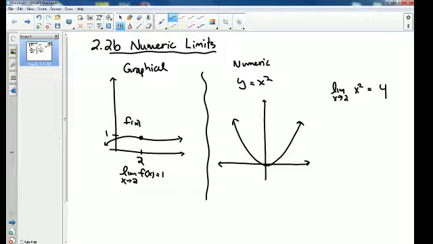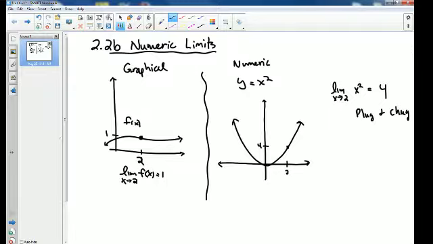The number one numeric limit method is just the plug and chug. Because at the x value of 2, the y value is 4. That's that point on the graph. You just plug it in. 2 squared is 4.